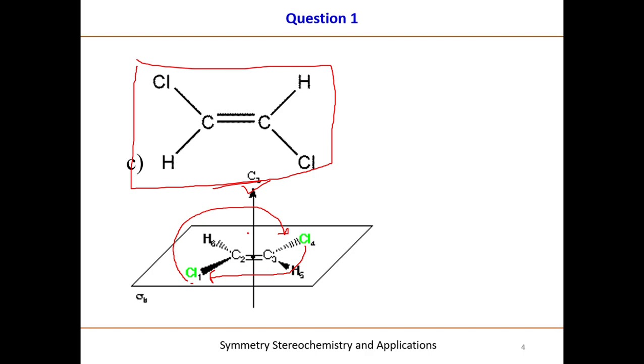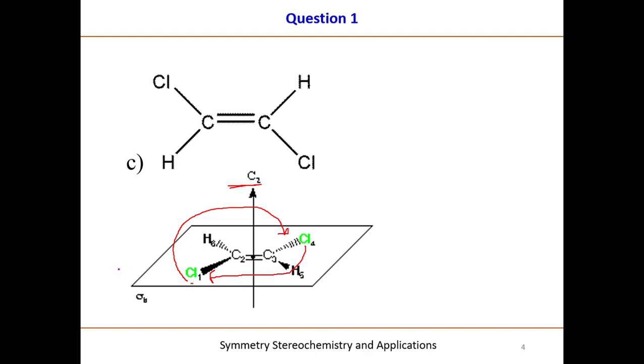Now, is any other axis present here apart from C2? Anyone? Here one C2 is there, right? Is any other C2 or C3, any other axis present here?